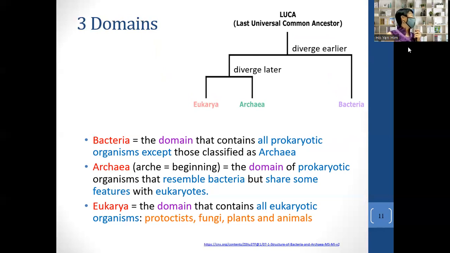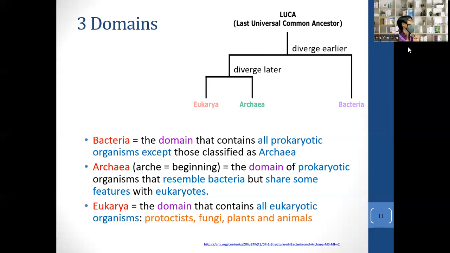Archaea and bacteria are more different, so their common ancestor is not so recent, it is further away. Therefore, Archaea and bacteria diverged earlier in the history of evolution. Eukarya and Archaea diverged later, because these two are more similar, so their common ancestor is more recent.